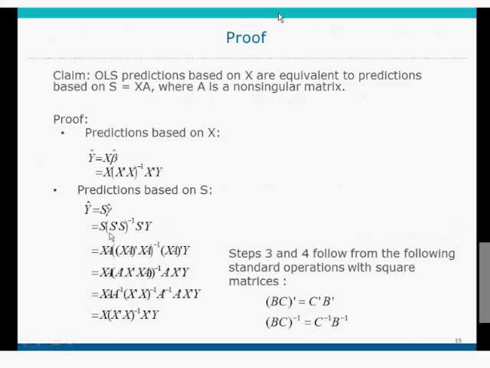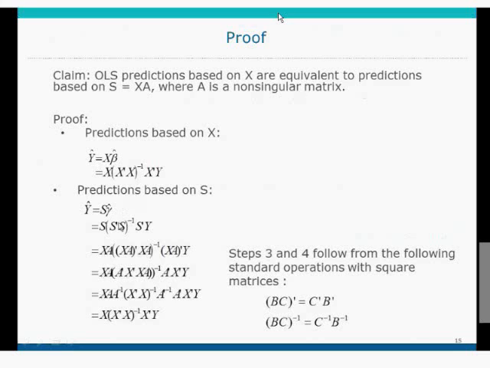And just substitute that, and with some simple rearranging using matrix algebra, we end up with the same thing here. So the predictions based on the components, where the number of components is equal to the number of predictors, turn out to give us the same predictions.